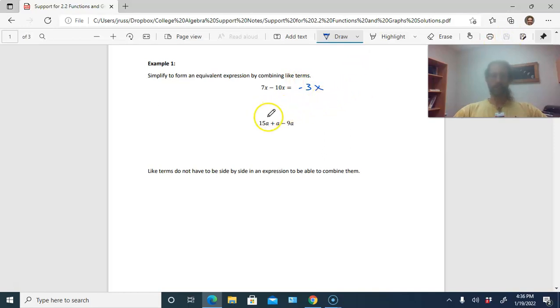Now what about the second one? Here we've got 3 terms. We've got 15a plus, remember there's an understood 1, so 15a plus 1a minus 9a.